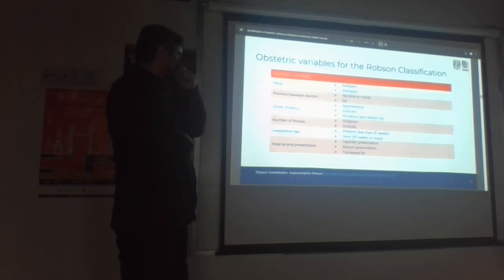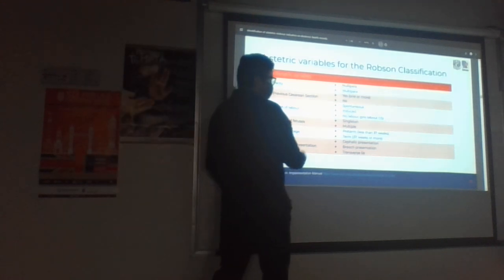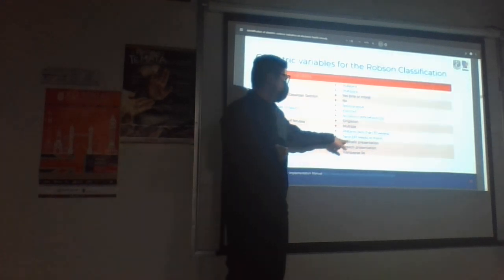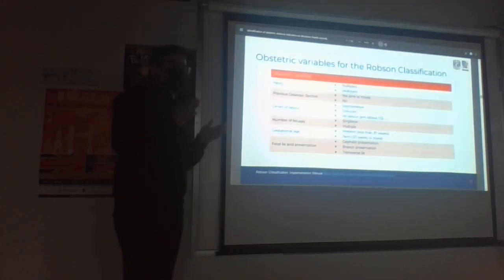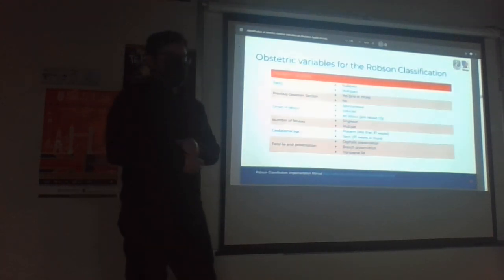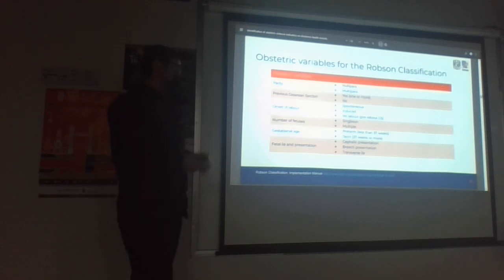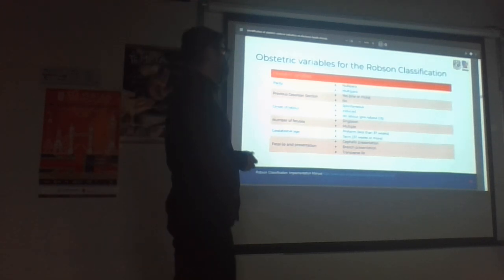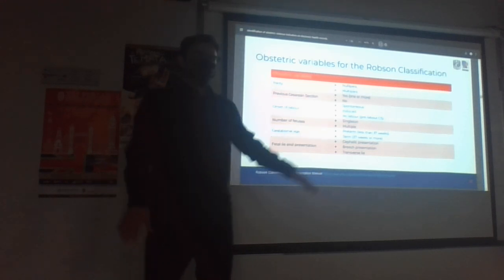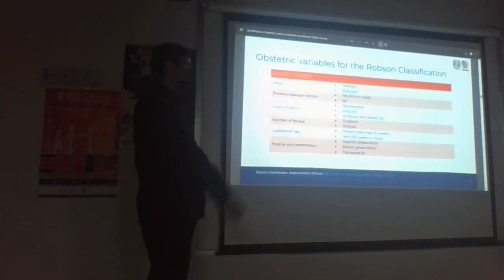Fetal lie and presentation: the most common is the cephalic presentation, when the baby is prepared to get out. And the breech presentation is when the baby is sitting like that, and it is a problem at the time of the labor. And transverse is when the baby is in a horizontal position.